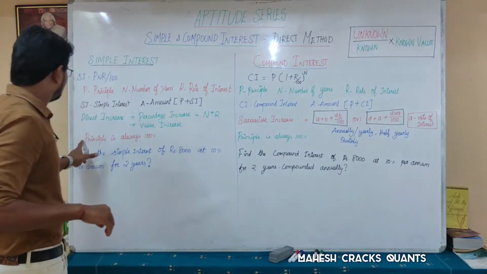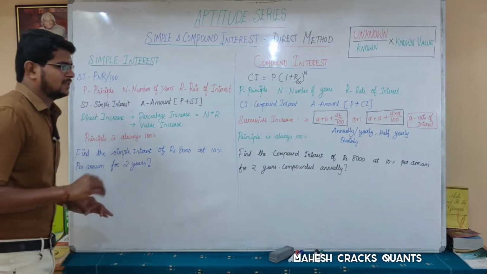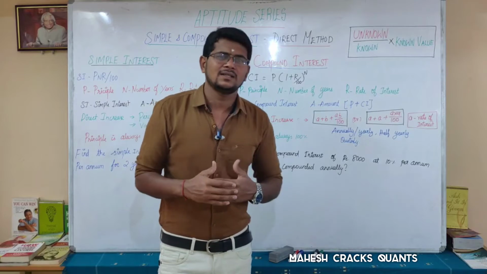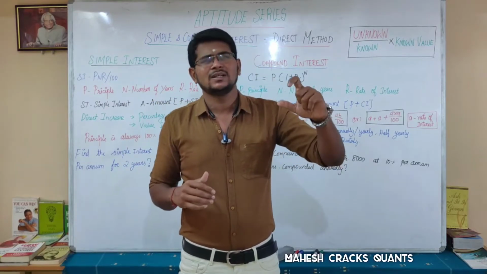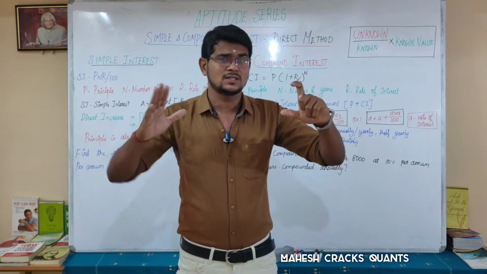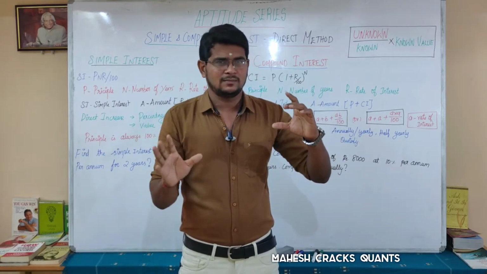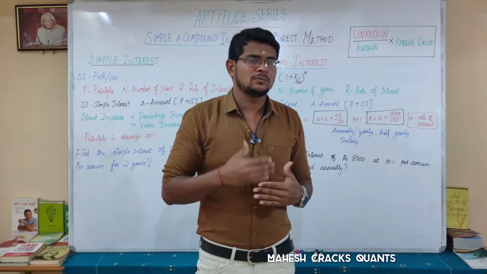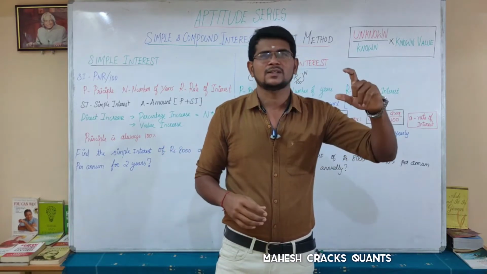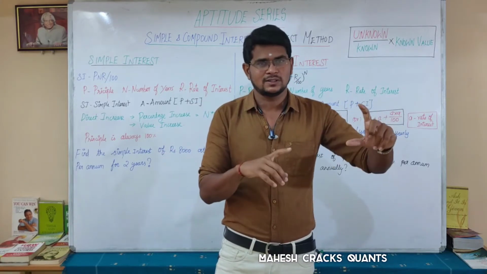Here the principal is always 100%. We have seen that if there is a value, it is 100%. In percentage itself, I told you there is a number which is always 100%. When you come to profit and loss, the cost price, the purchasing price, is always 100%.